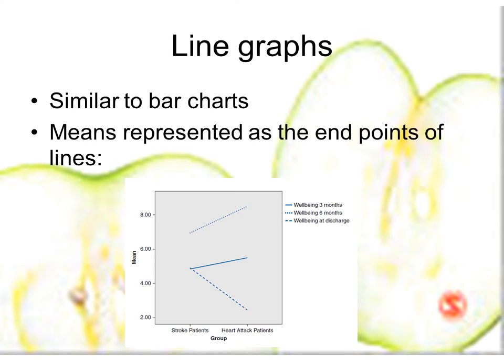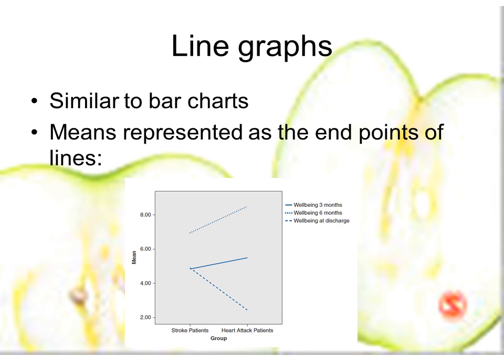If you look at just the stroke patients, and we're looking at well-being at 6 months and well-being at 3 months, the stroke patients look to be right about at the same point.